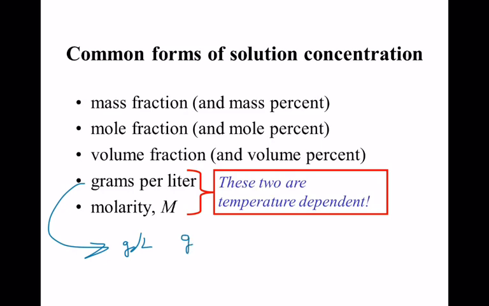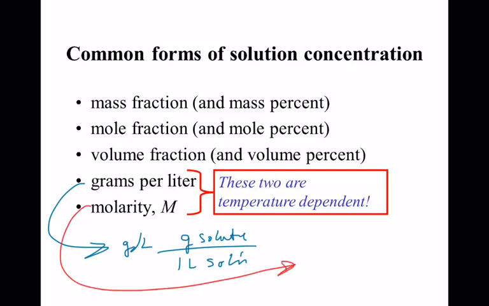That really means grams of solute per 1 liter of solution. The abbreviation for solution is SOL'N. And we spent a lot of time on molarity, because it's really helpful in chemistry, which is moles of solute, again, per 1 liter of solution.